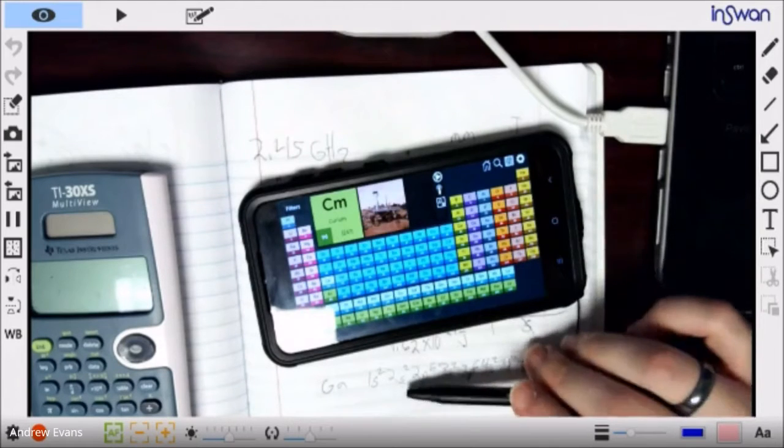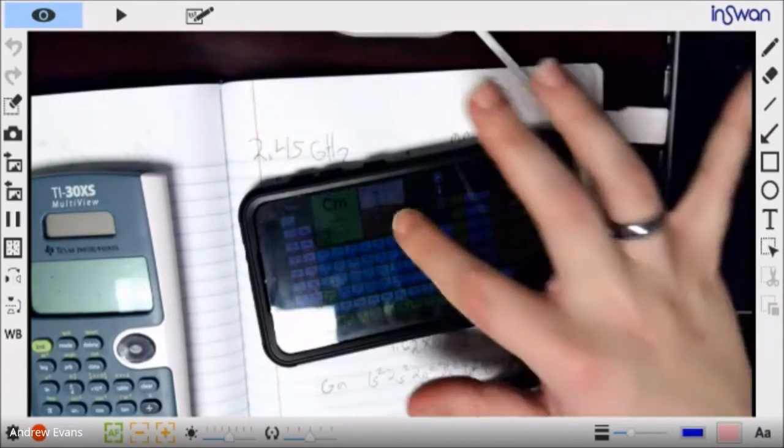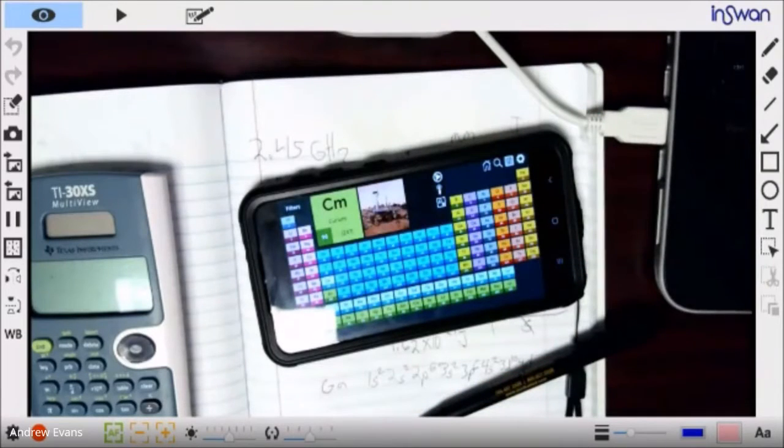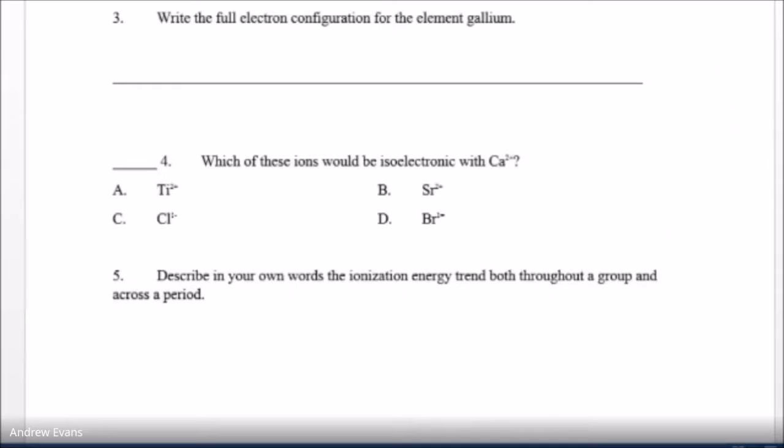Chlorine 1- would have argon. Sulfur 2- would have argon. Potassium 1+ would have argon. Titanium 4+ would have argon, but let's look at what options we have. Titanium 2+ would not be there. It would be moving 2 elements to the left, not quite. Strontium 2+ would be like a noble gas.